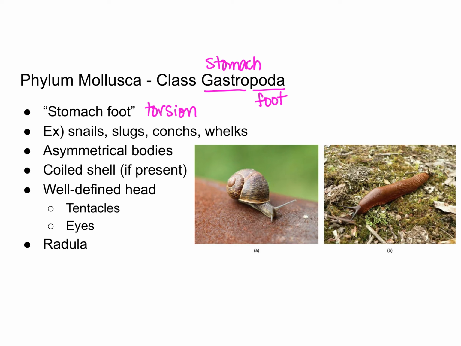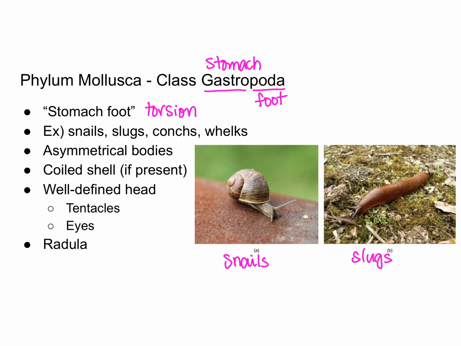Some examples of organisms in class Gastropoda include snails and slugs, which do not have a shell. Also things like conchs and whelks, which if you ever walk on the beach, you've probably found the shell or the remaining portion of the animal after it has died.